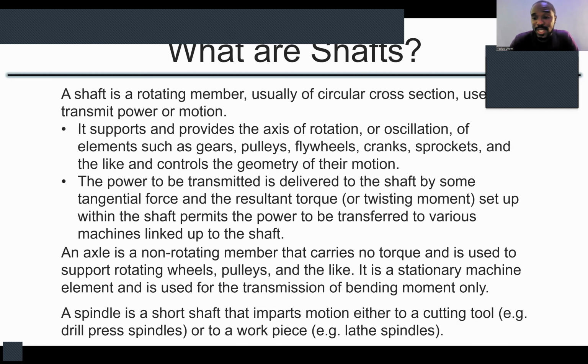So we've defined three things: a shaft, an axle, and a spindle. Any question at this point before we move on? No question. Great. So let's move on.